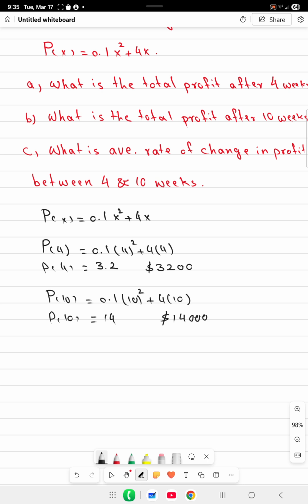Now, part C is asking what is the average rate of change. To do that, I want to do a graph for you. I want to show this in a graph, and after that we can use our formula and find the average rate of change.